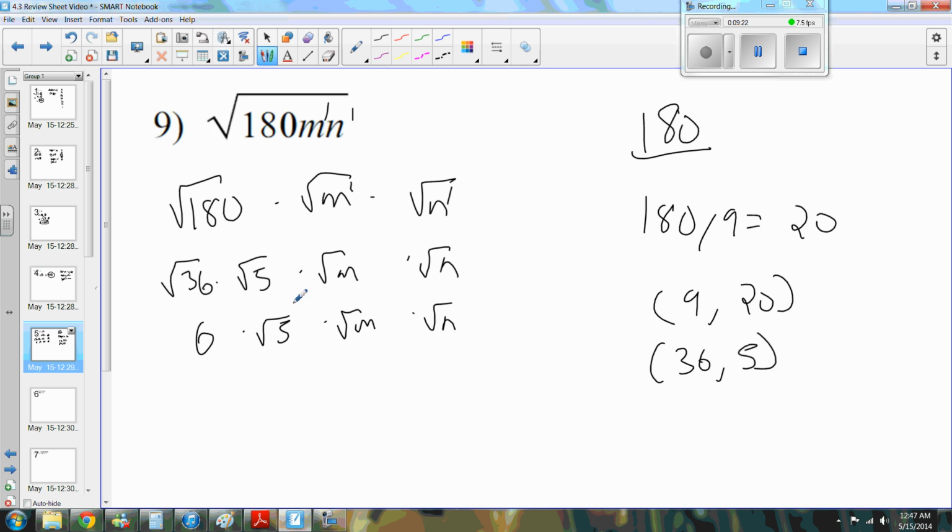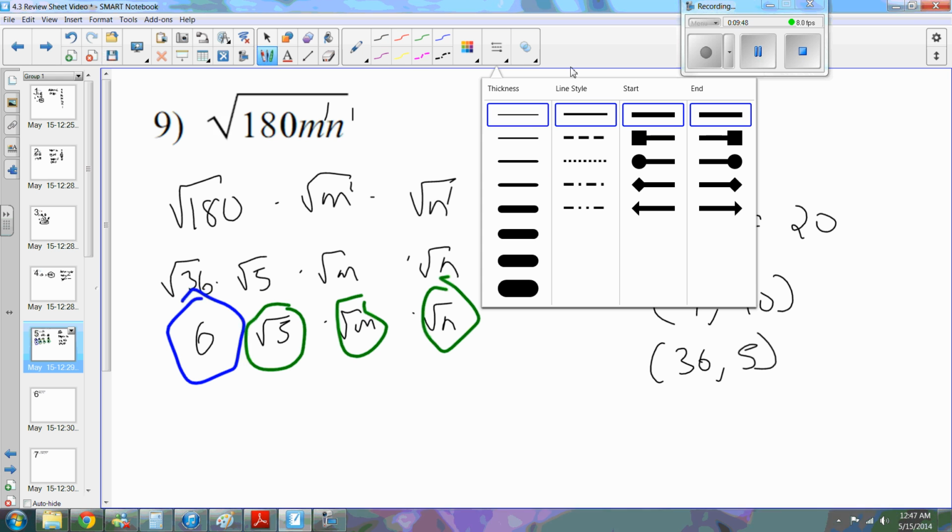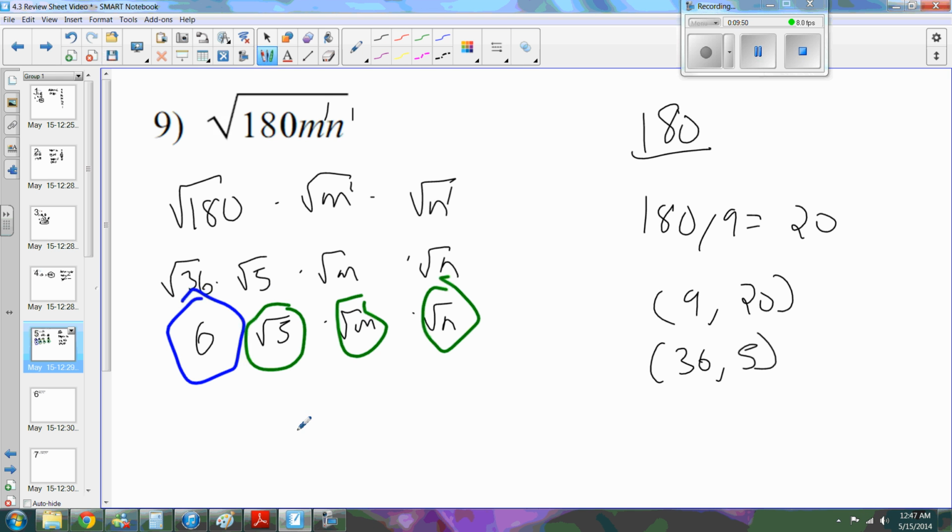Okay, so my final result, once I simplify all of these products, and I have 4 of them here, is to just simply take all of the products that are not underneath the radical. In this case, it is just the product here, 6, that I'm circling in blue. Take all the products that are underneath the radical. These 3. Okay, I'm taking my green guys. Move back to black ink. I'm taking my blue guy here, and I am multiplying.